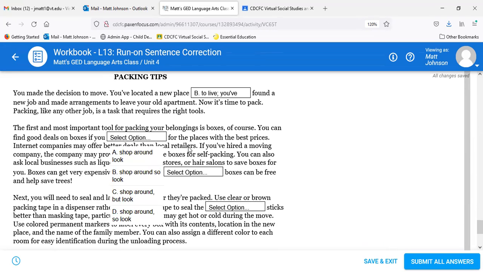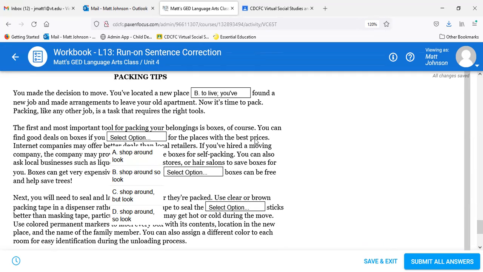How do we connect these? C, D. And again, I don't like these because that is correct, but it changes the idea of the sentence to some degree.